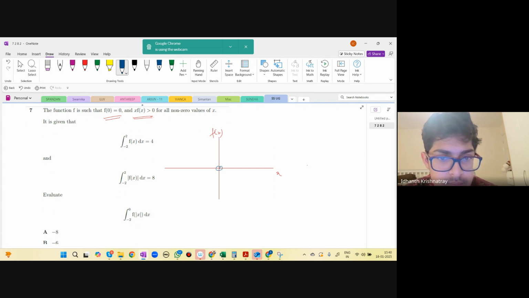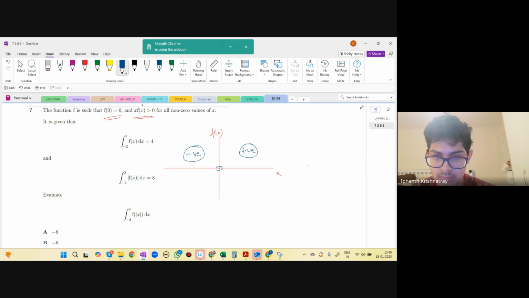So when x is positive, this is positive and the product is positive. That means f(x) has to be positive. And when x is negative, this is negative, so f(x) has to be negative.